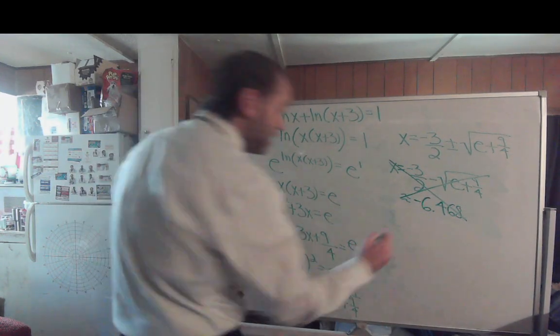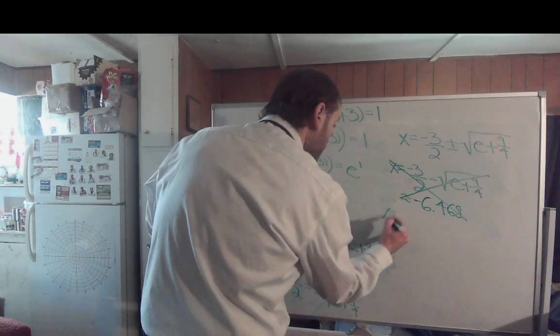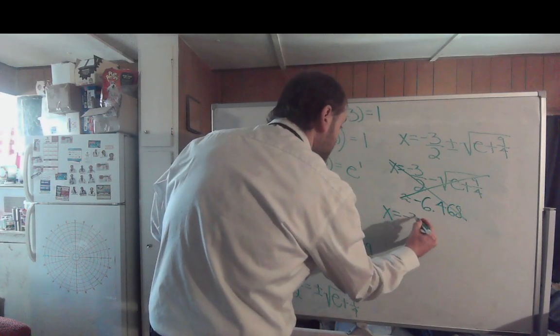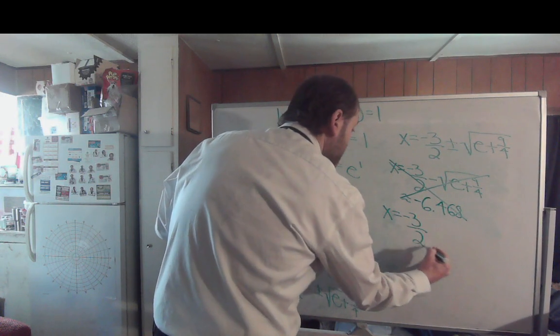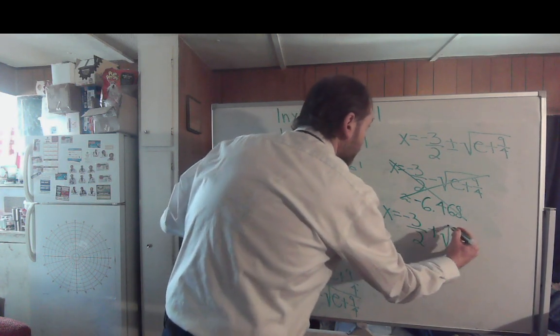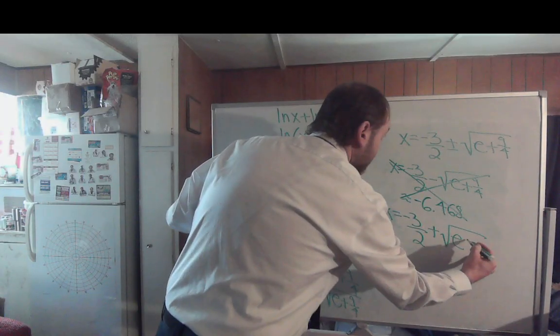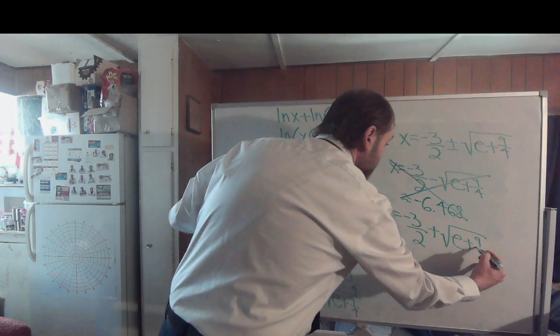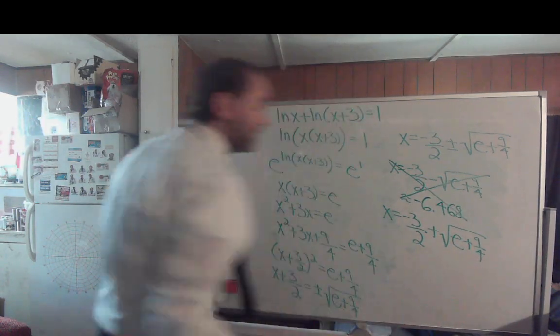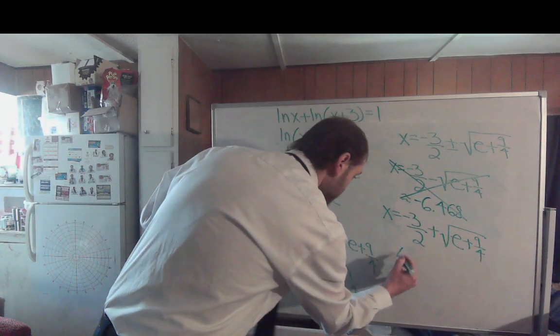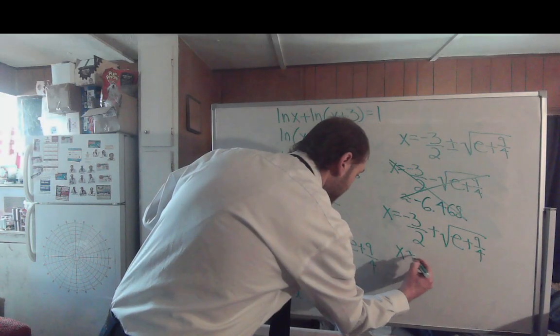Now what about when we take x equals -3/2 plus the square root of e plus 9/4? Let's get a decimal approximation for that answer.